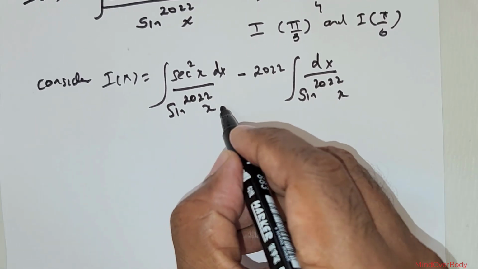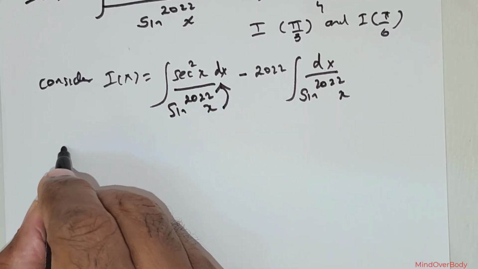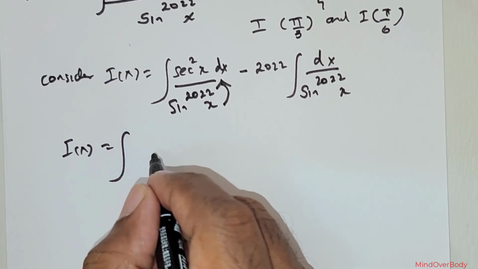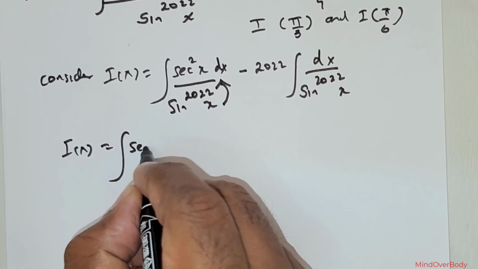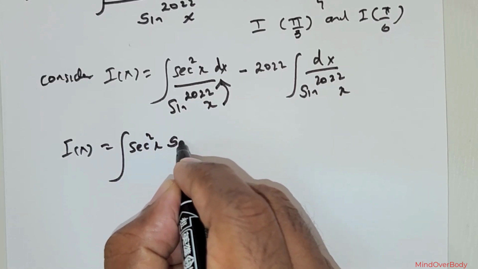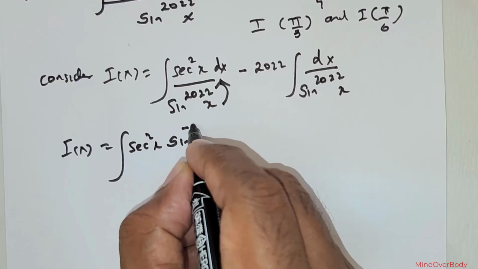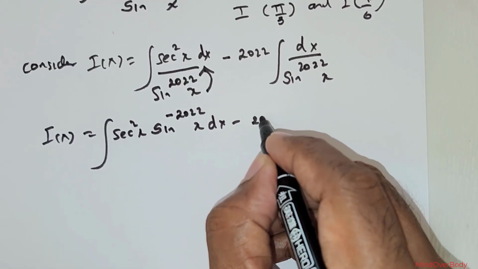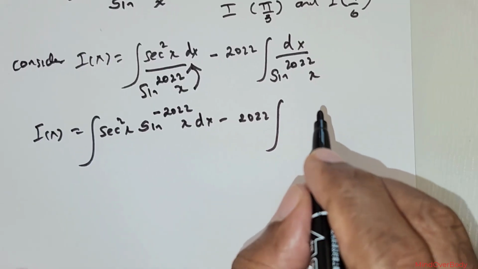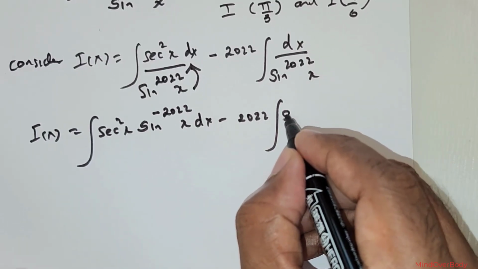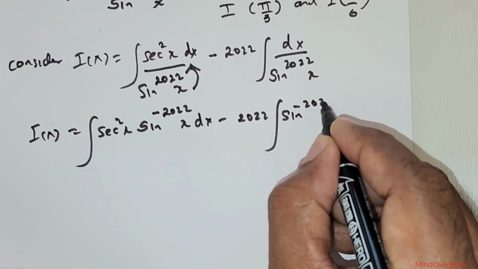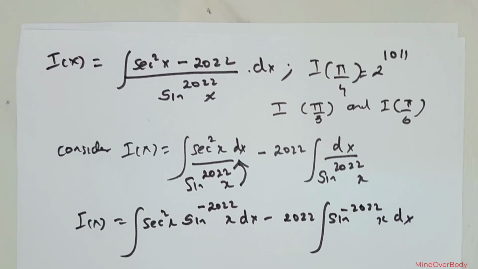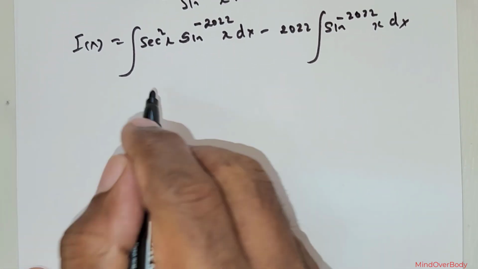Now I will move this up to the numerator. So I of x is equal to the integral of secant squared x times sine raised to the power of negative 2022 x times dx, minus 2022 times the integral of sine raised to the power of negative 2022 x times dx. I hope you are following up till here.